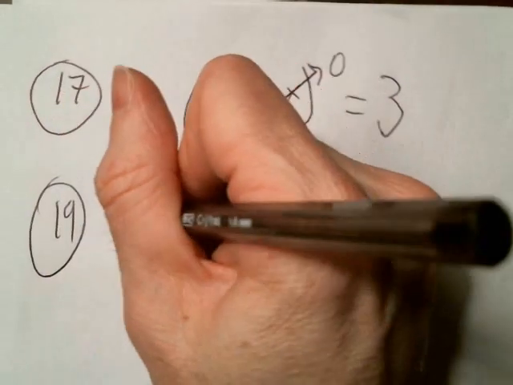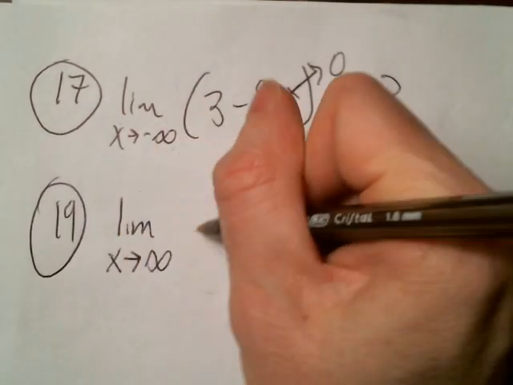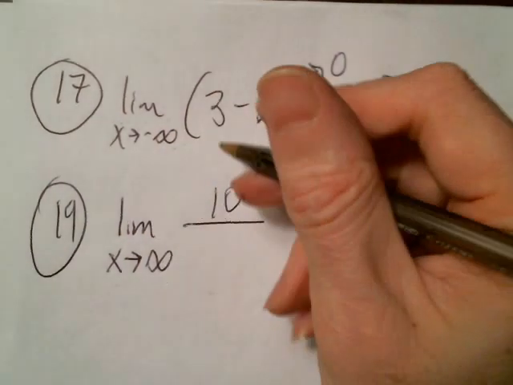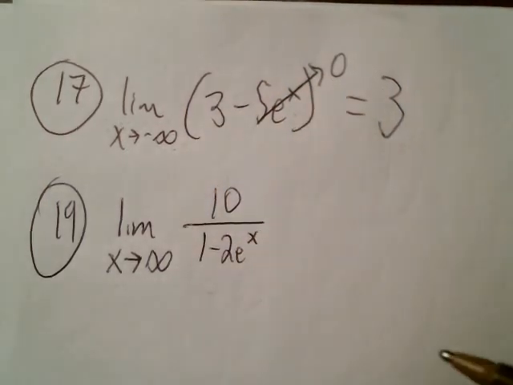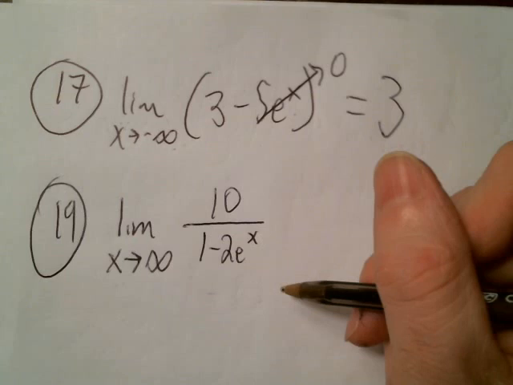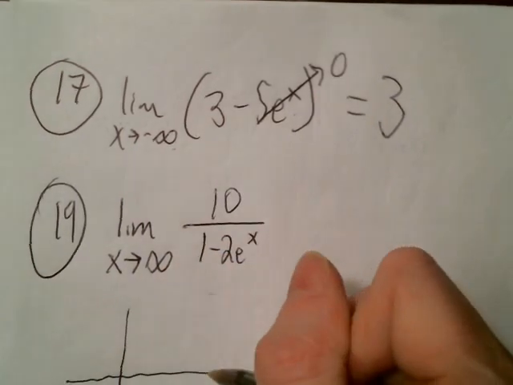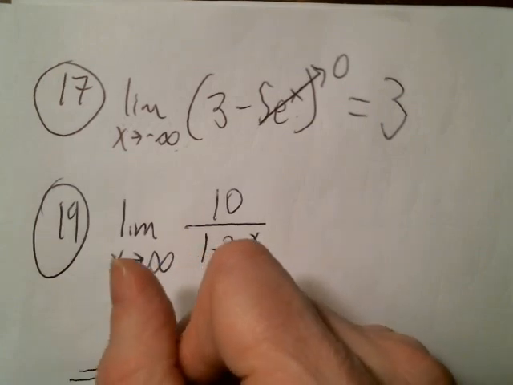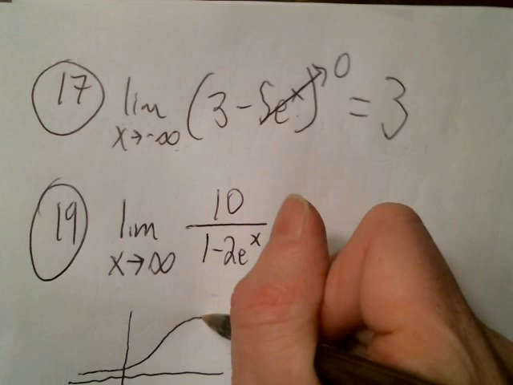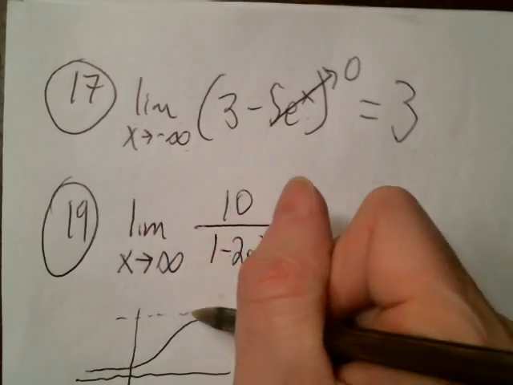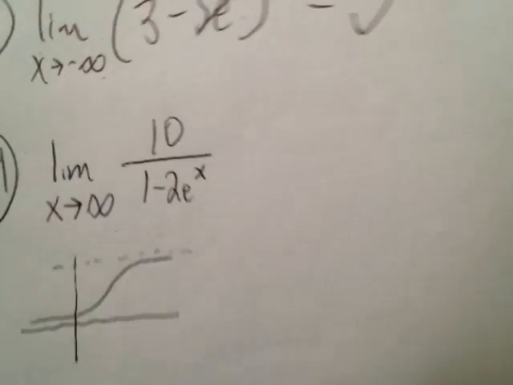Number 19 is of critical importance these days because it's the logistic growth equation, which is often used in modeling pandemics. So on the news, you'll hear people say, oh, we have exponential growth, right? But the truth really is that there's a limiting capacity to the number of people that can be infected.